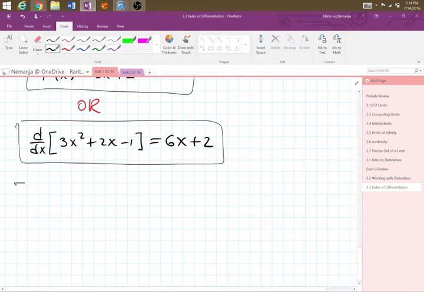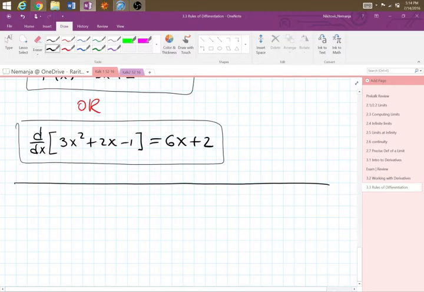Now, we can also use different variables. You will find a lot of times you will use, instead of x, t. T stands for time. Also in physics it's used a lot, and engineering obviously.